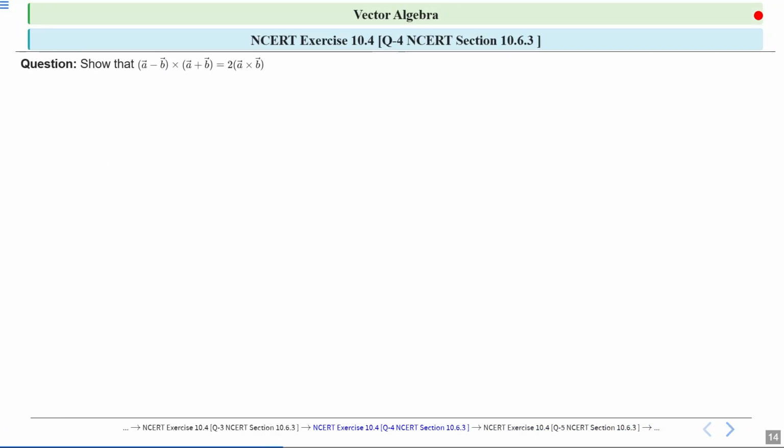Let's move to the next part, NCERT exercise 10.4 question number 4. This question says, show that A vector minus B vector cross A vector plus B vector is equal to 2 times A vector cross B vector. Clear? Let's see how we can solve this.